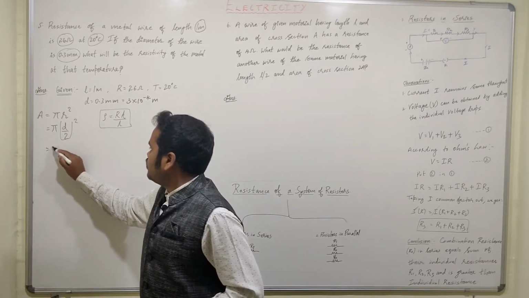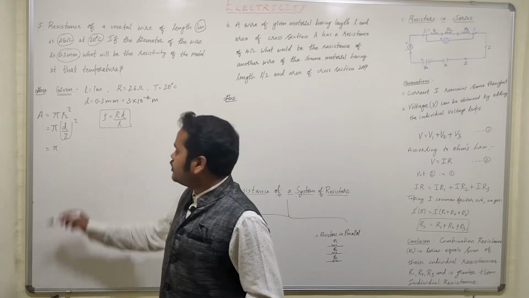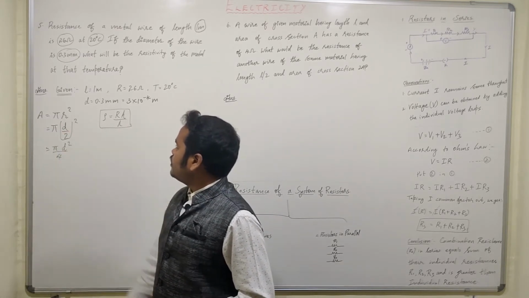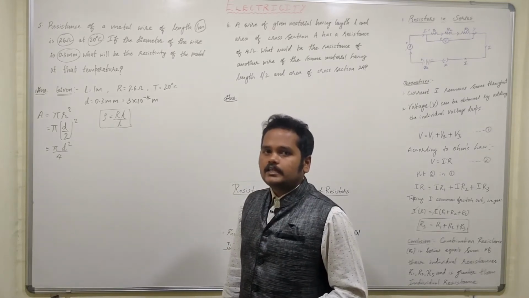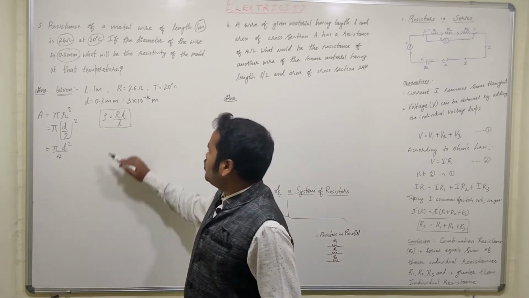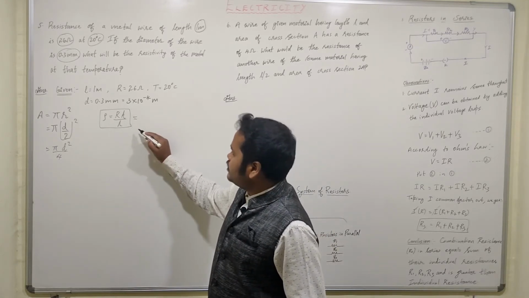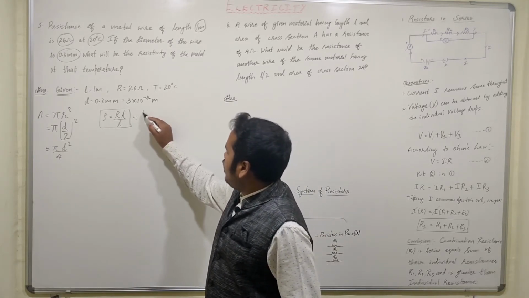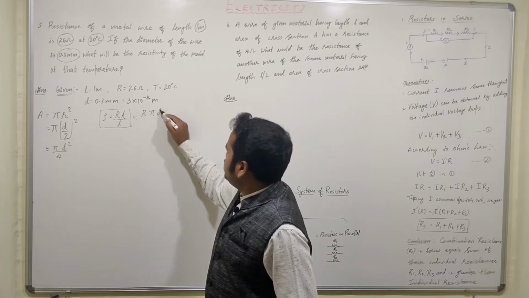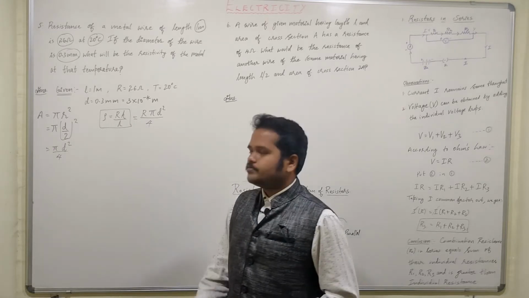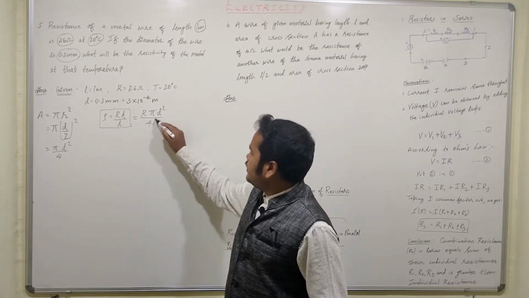D into D is D square, and 2 twos are 4. So area can be written as pi D square by 4. So this formula R into A by L can be rewritten as rho equals R pi D square divided by 4L.